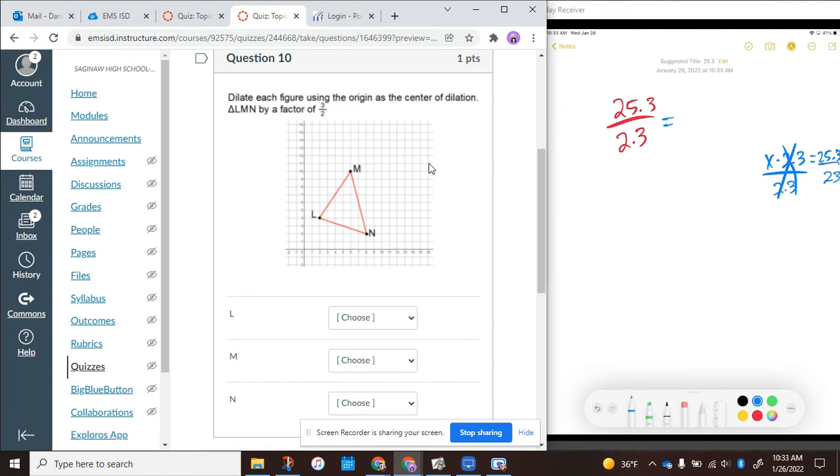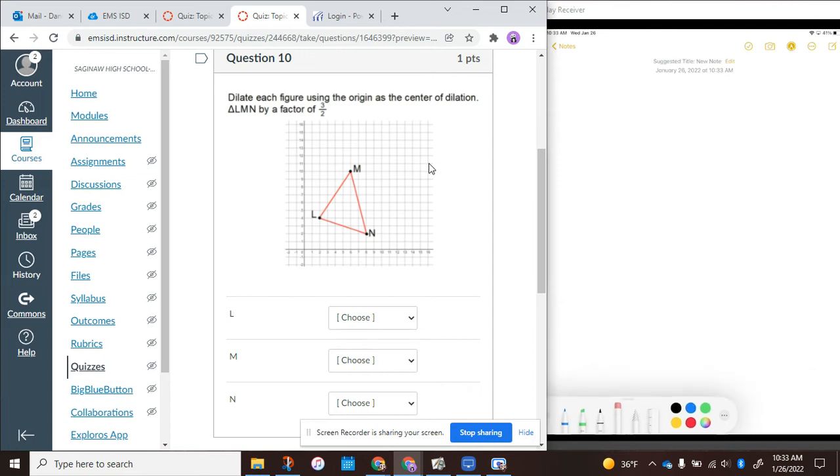All right, question number 10, dilate the figure. All right, dilation, we found that when you're dilating around the origin, it's really a pretty simple process. All you're going to do is take the coordinates and multiply times the scale factor. So I'm looking at L, M, and N. L starts off at 2, 4.